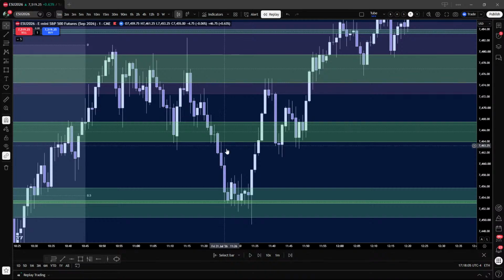A move down, accumulation, move up, market maker buy model.